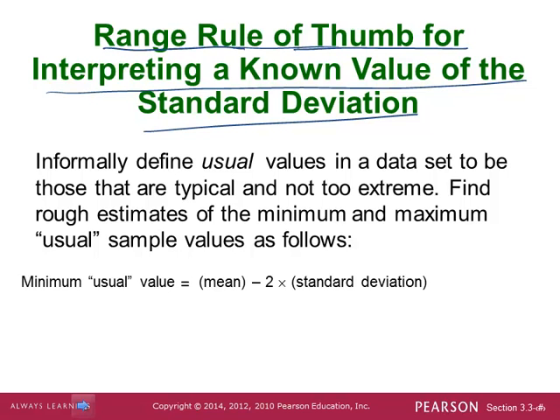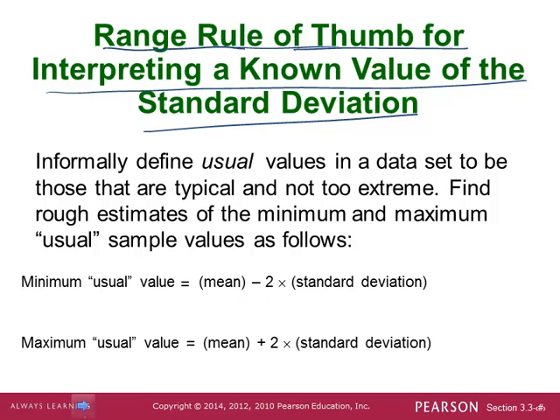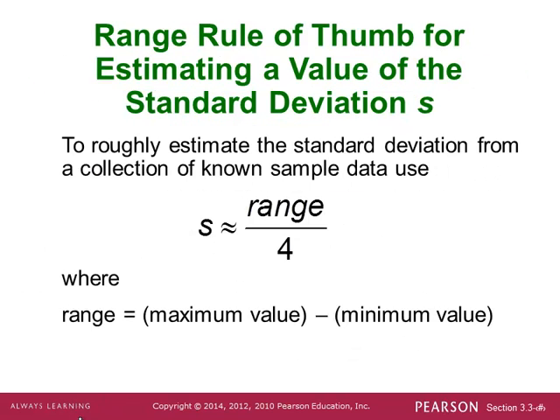So anything below the mean minus 2 standard deviations, or above the mean plus 2 standard deviations, would be considered unusual. Again, we expect about 95% of the data values to be within 2 standard deviations of the mean.